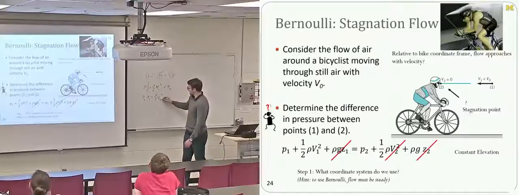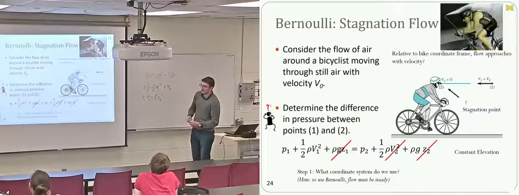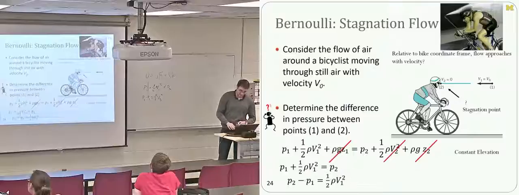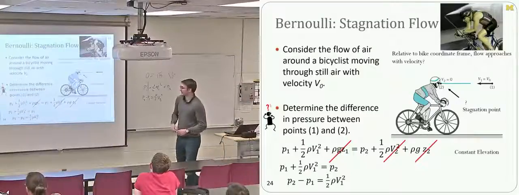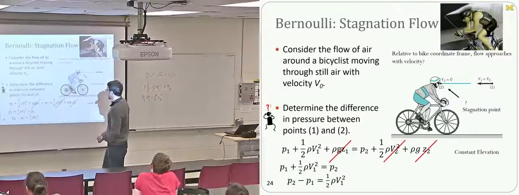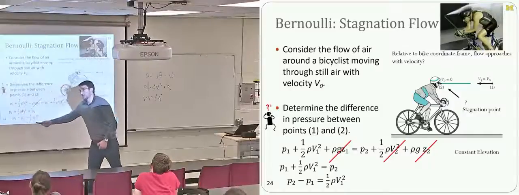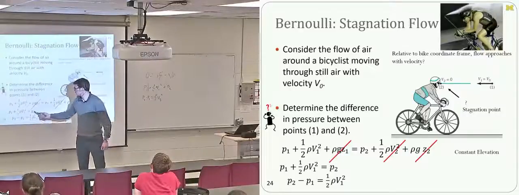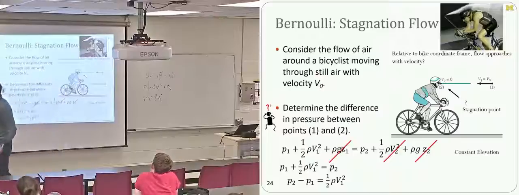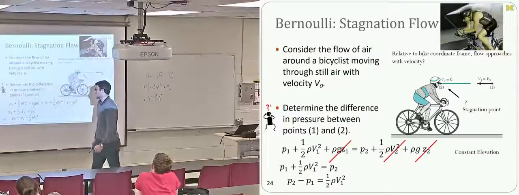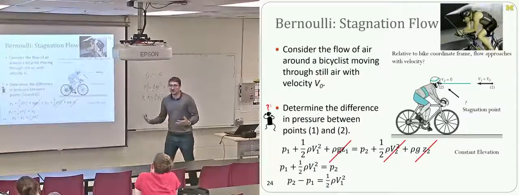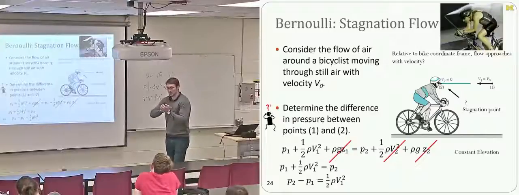And V1 squared is simply equal to V naught squared, the speed of advance of the bike, which is exactly what we get here. And so this is what we call stagnation pressure. Notice this falls out from the first term of the Bernoulli equation. Now this is simply the pressure that develops whenever a moving fluid is brought to a stop.